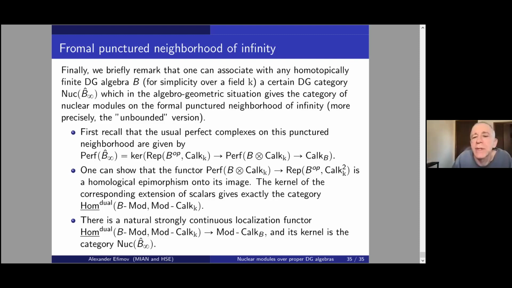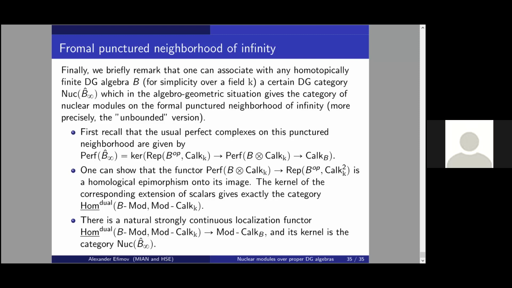Okay, more questions? Sorry, Sasha, just to test my understanding, if you don't mind. If I want to remember your notion of nuclear modules in one sentence: if I have a DG algebra or DG category A, I can think of A-modules as continuous functors from mod A to mod K. And what you seem to be saying is that these nuclear modules are the ones which are strongly continuous, which means the ones which also have a continuous right adjoint.